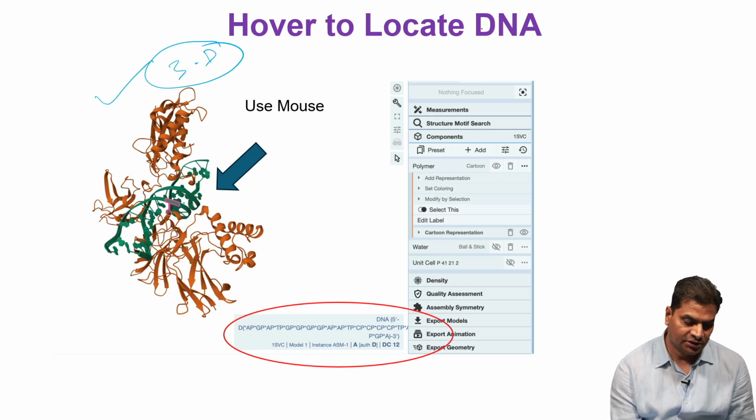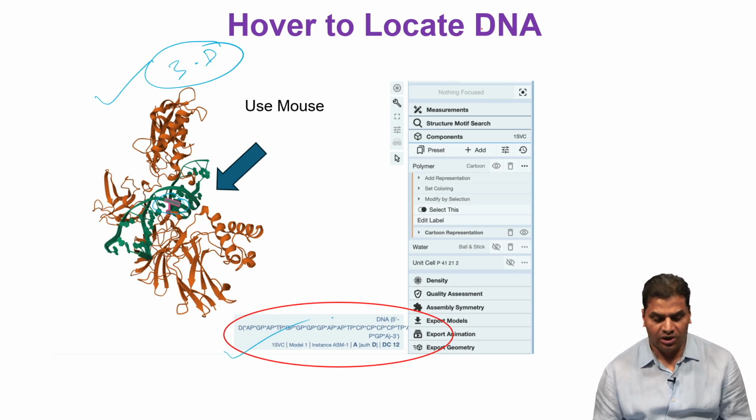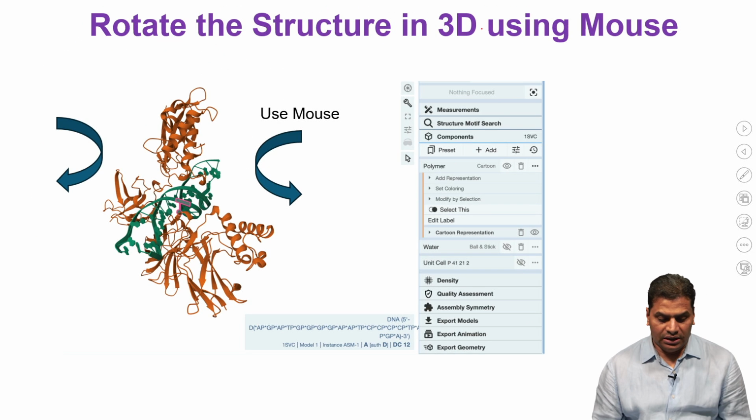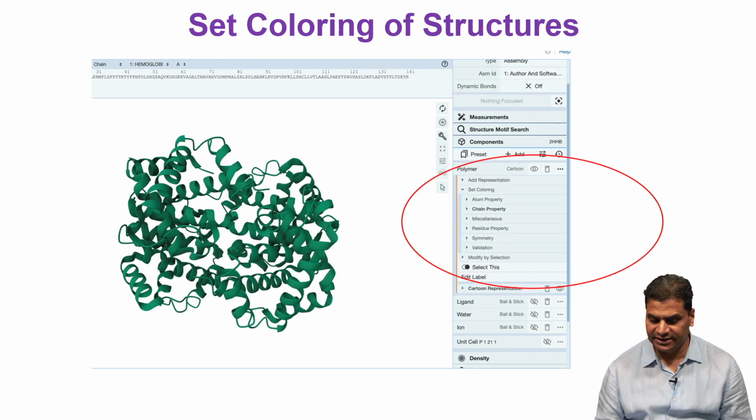For example, here I have hovered over this DNA, and this is what is shown here, that this is what is highlighted. As I have explained, with the use of the mouse, you can rotate this in 3D and get a complete 360 degree view by rotating it.